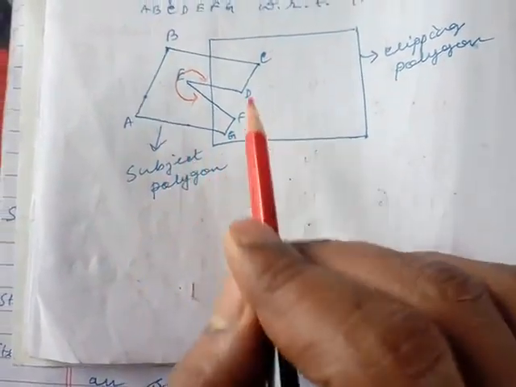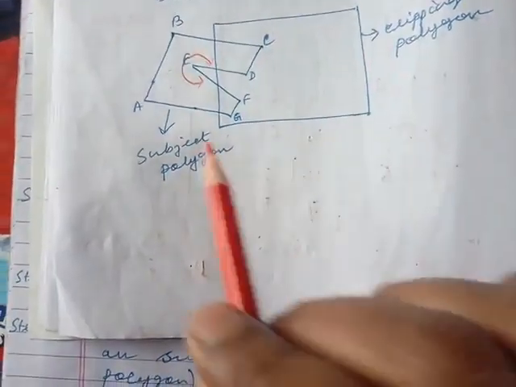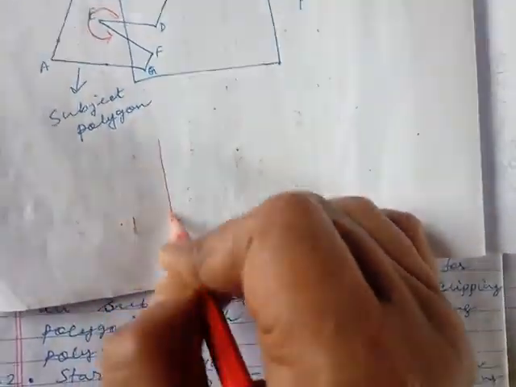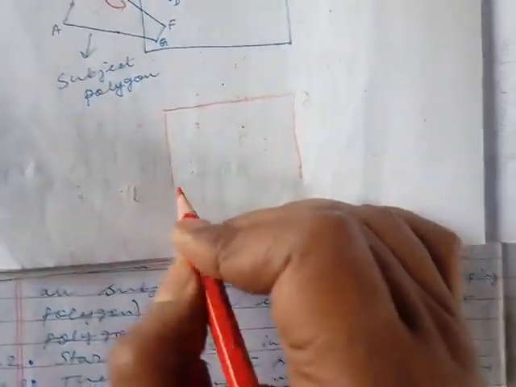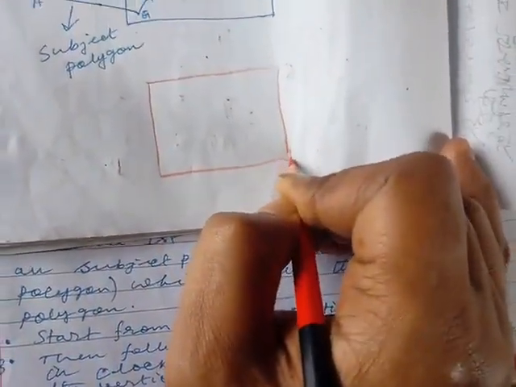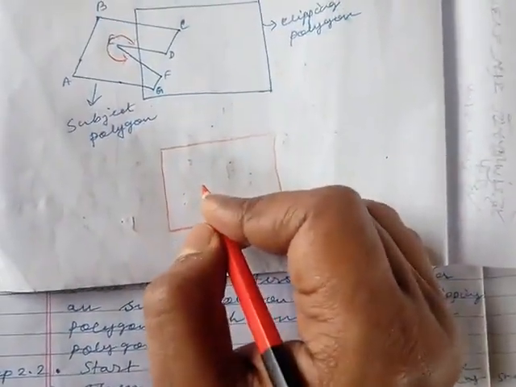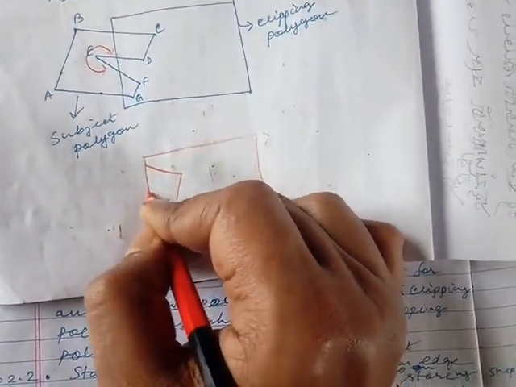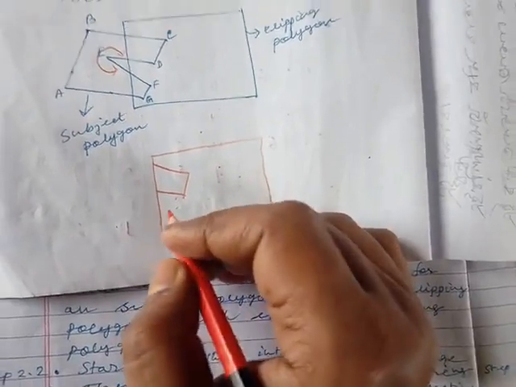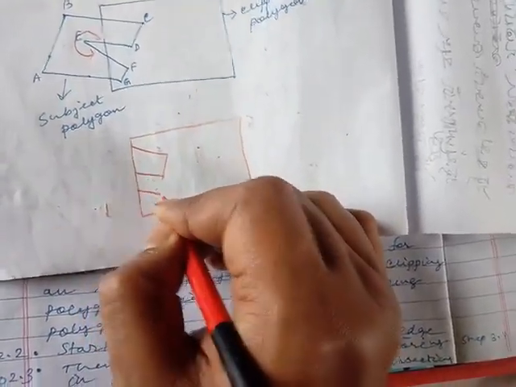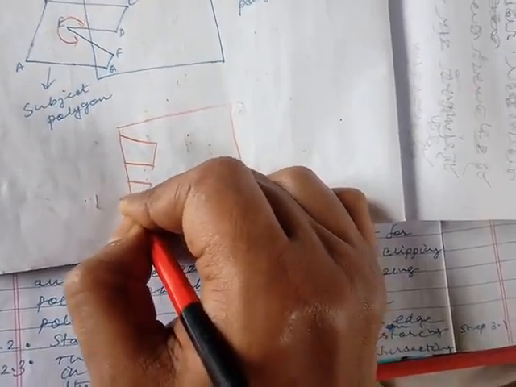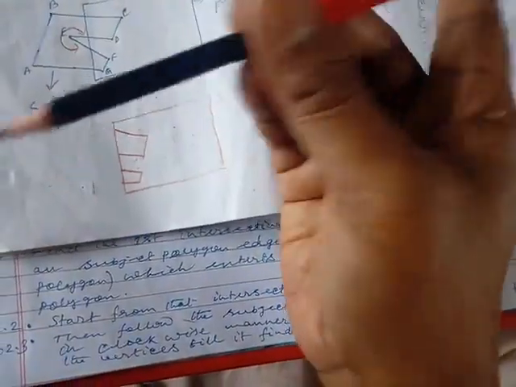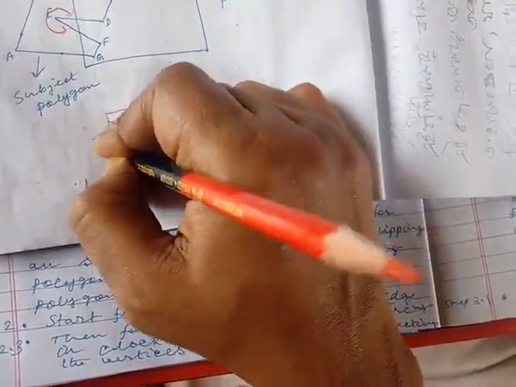Now if we would like to clip this subject polygon with respect to this clipping window using the Sutherland-Hodgman polygon clipping algorithm, what we will get is like this. This is our clipping polygon window, and we will essentially get this sort of region, and along with this an extra edge will be detected.